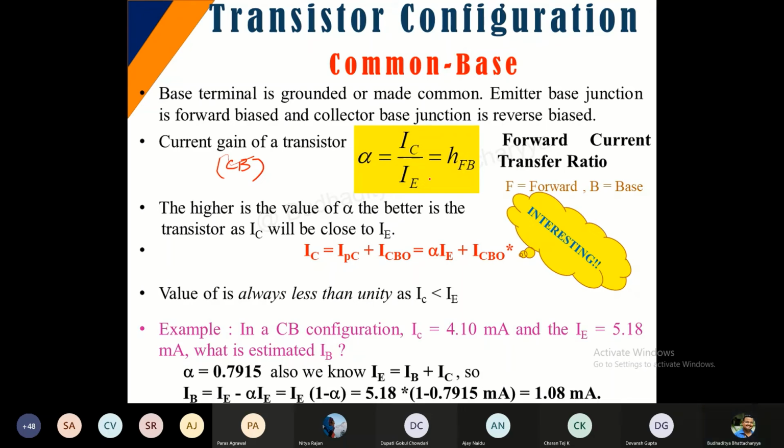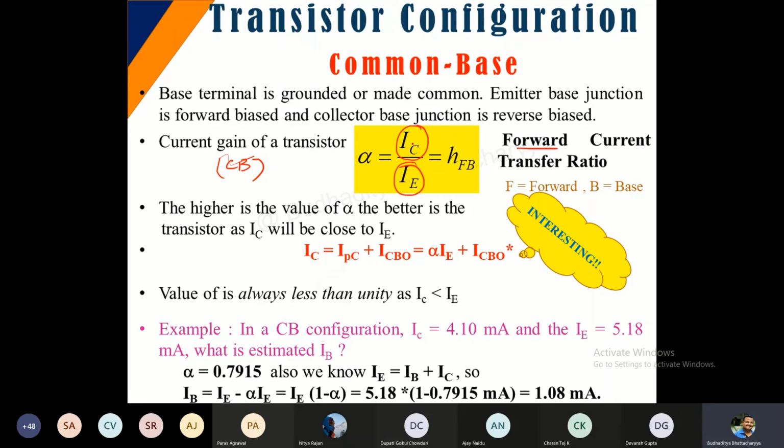Why is this the current gain? Because you can see the collector current is basically the output and the emitter current is basically the input. So it's basically a ratio of output to input. In a generic way, this can also be called the forward current transfer ratio.